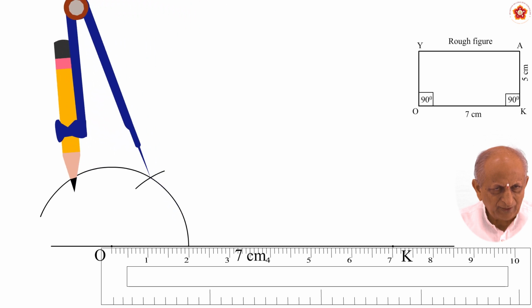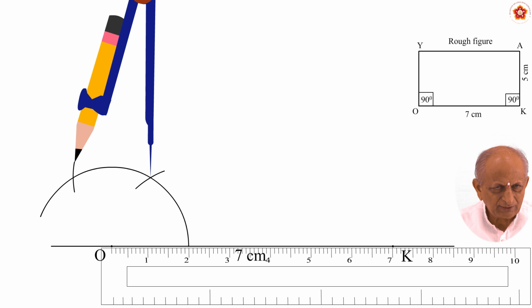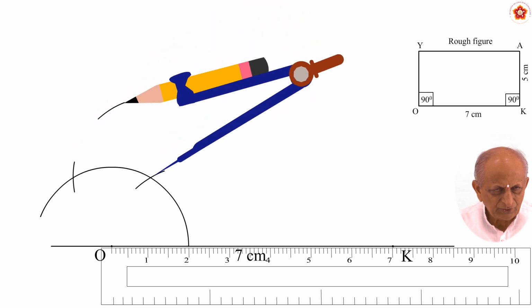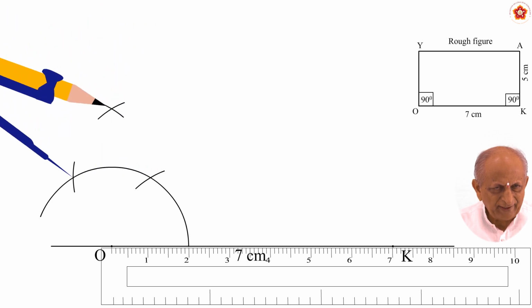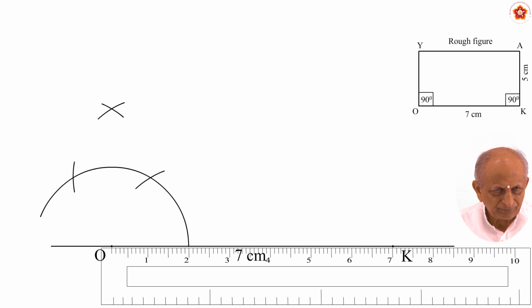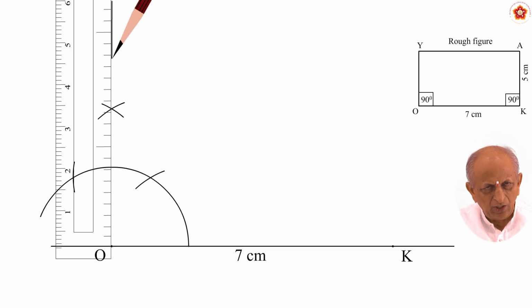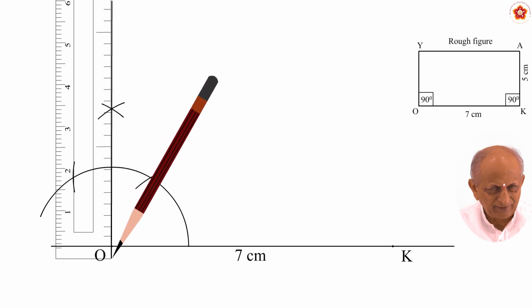You must be careful while drawing these arcs, correct? And these two arcs cut at a particular point. If you join it to O, this becomes the perpendicular line, also called altitude or height, because the angle is 90 degrees.